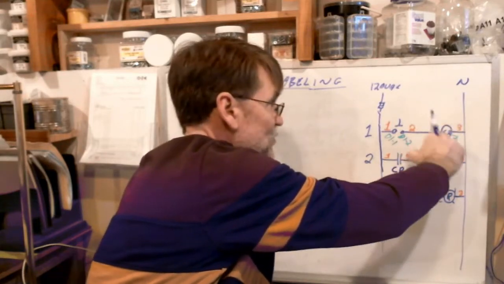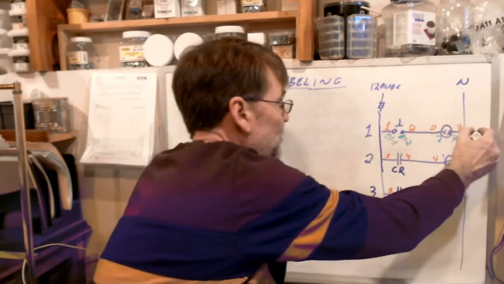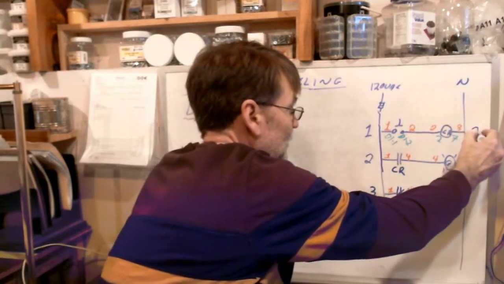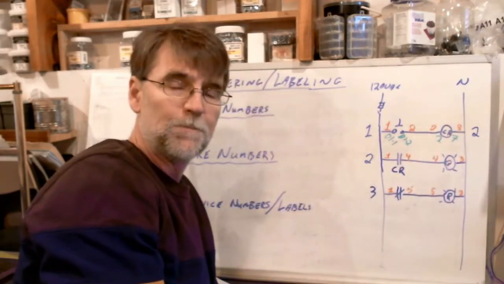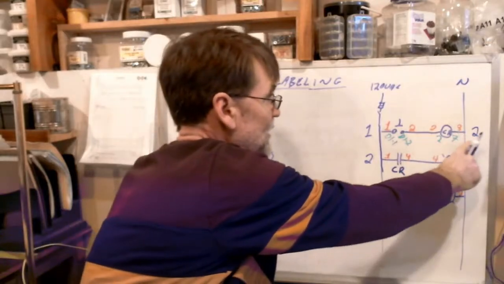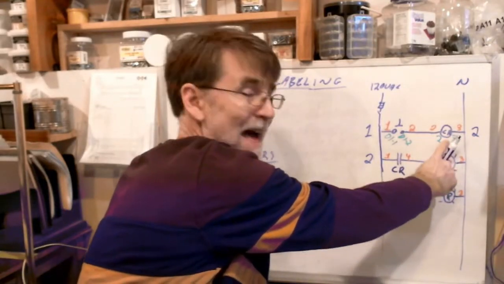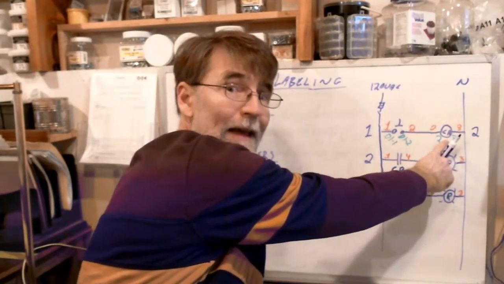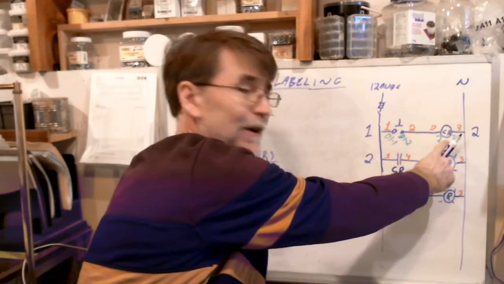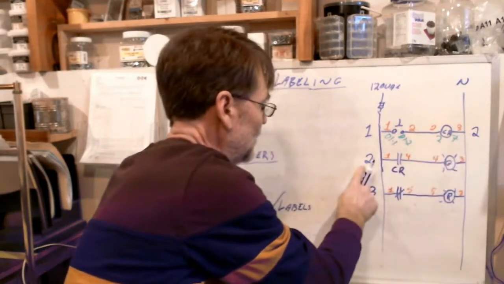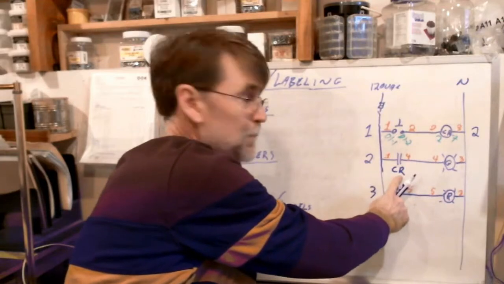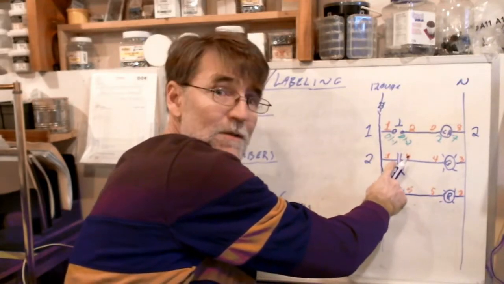What does this control? So I'm going to put a reference number right here, and I'm going to put a 2. Which means I need to go to rung 2 and find out what happens when this cube relay gets energized. When we create this magnetic field, on rung 2, there it is, CR, this normally open contact closes.